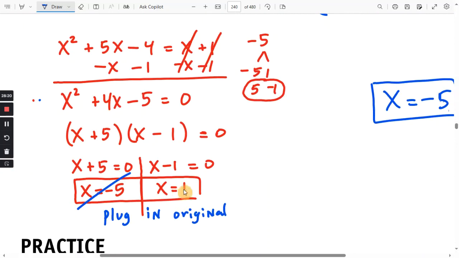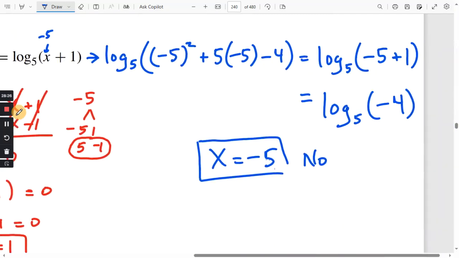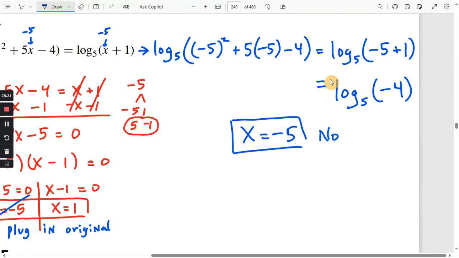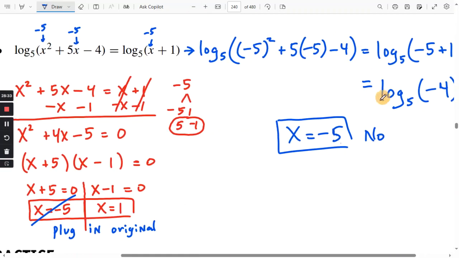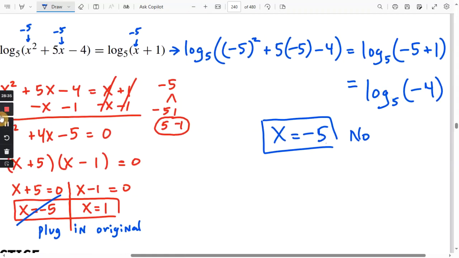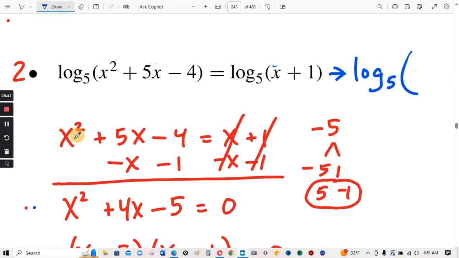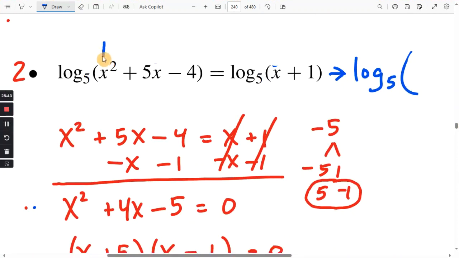Now let's try x equals 1. Plug it into the original. If you're taking notes, I am going to erase this. All right, let's try x equals 1. Go back to the original equation. Wherever you see an x, you want to plug in a 1.